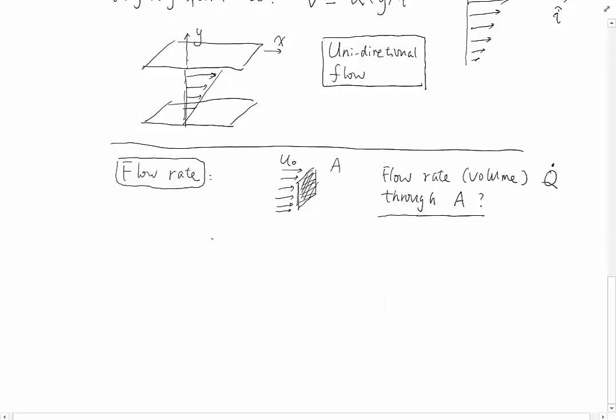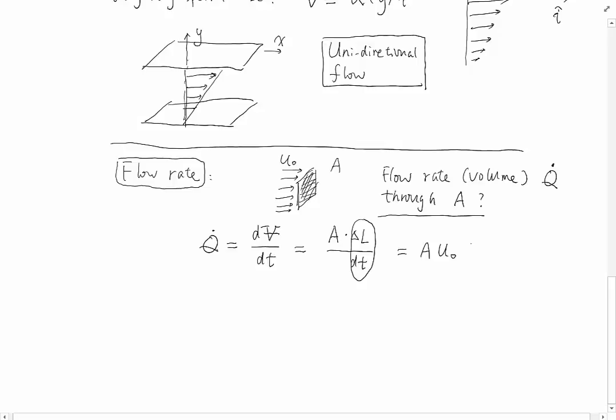Okay, the flow rate is the change of volume with respect to time, right? And the volume is some cross-section area times some length, and then divided by time. The second term here, if we divide it by the time change, that will give us the velocity.